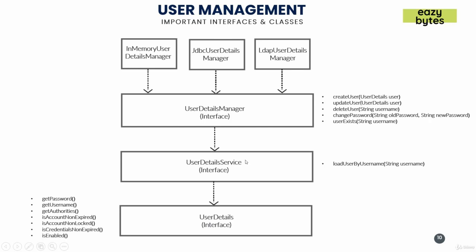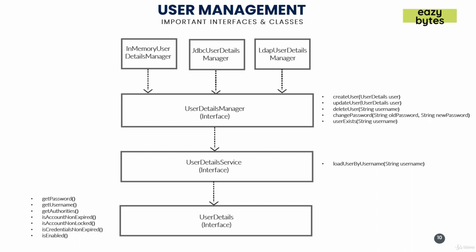Once we have user details service, we also have user details manager, which extends this interface. So user details manager is an interface which extends user details service, which in turn uses user details as a schema to maintain the user data.